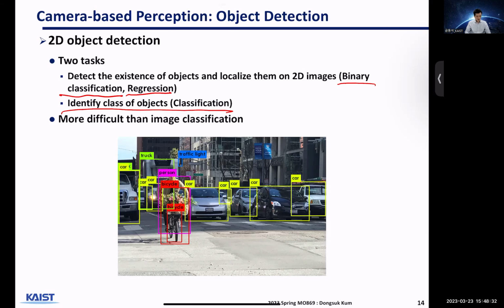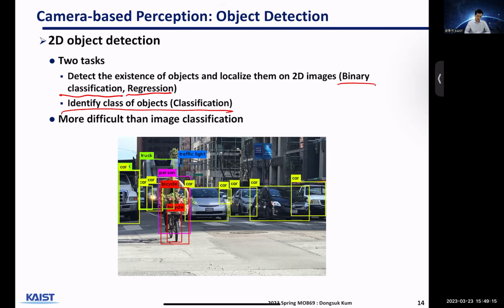So this is more difficult than simple image classification. Image classification is when you have an image and the task is to classify what the image contains. That type of task is more suitable for a small image with one object, but in reality that's not the case. Usually we have many objects in one image with a variety of classes.